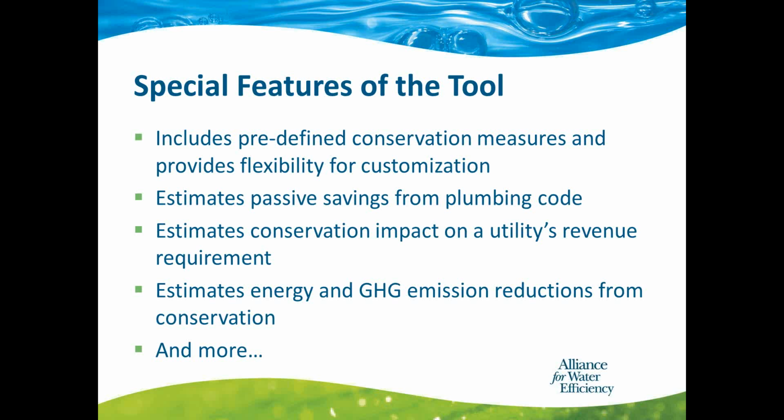So you can import an activity from the library and you can make changes to the assumptions. It also allows you to build any water conservation program you can think of from scratch, provided you have cost and savings information. The tracking tool also estimates passive savings related to the plumbing code. So savings that will occur naturally over time through the replacement of inefficient fixtures.